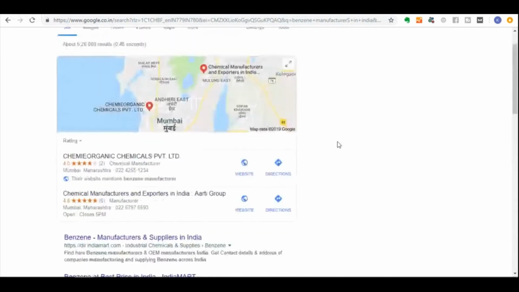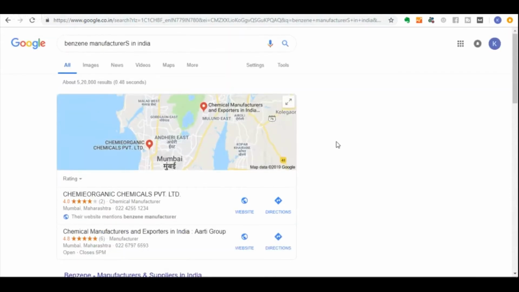Just to sum up this video, matching the intent of the visitor is key for doing good content based SEO in 2019. It also impacts the time on the page, because if you don't match the intent of the person, then the person is just going to bounce back and not spend a lot of time on your website.